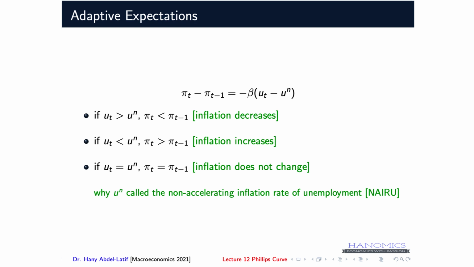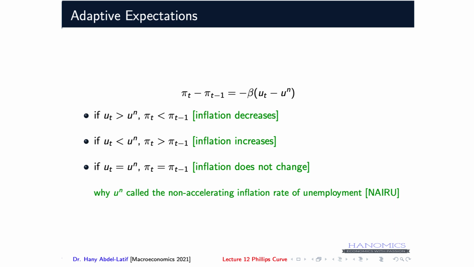If we are at the full employment output level, cyclical unemployment equals 0. That means the actual unemployment rate will equal the natural rate of unemployment, and in that case the inflation in time t will equal the inflation rate in time t minus 1. So inflation will not change when we are at the natural rate of unemployment. Again, this is just one way to form expectations.